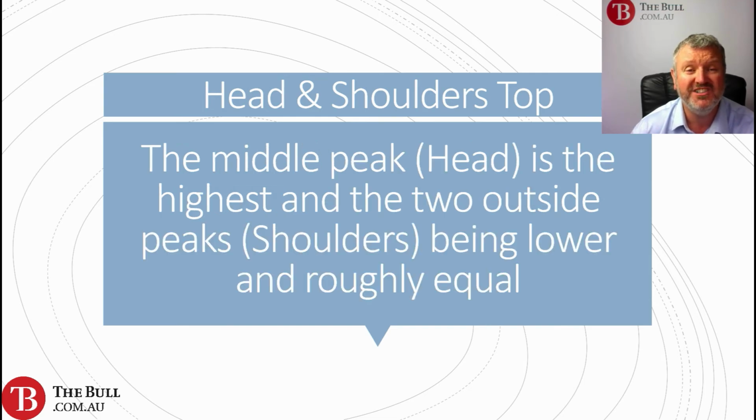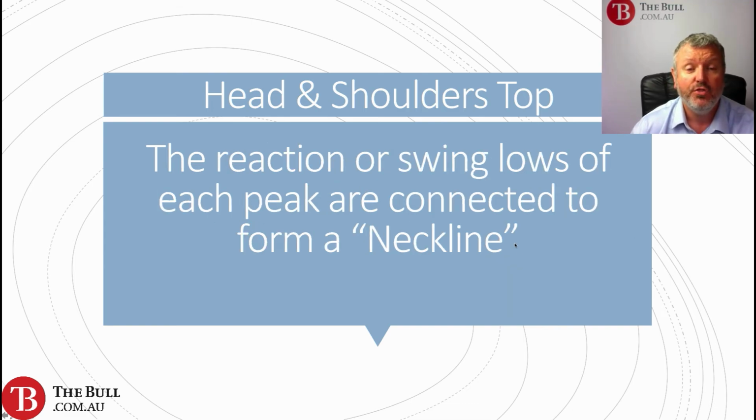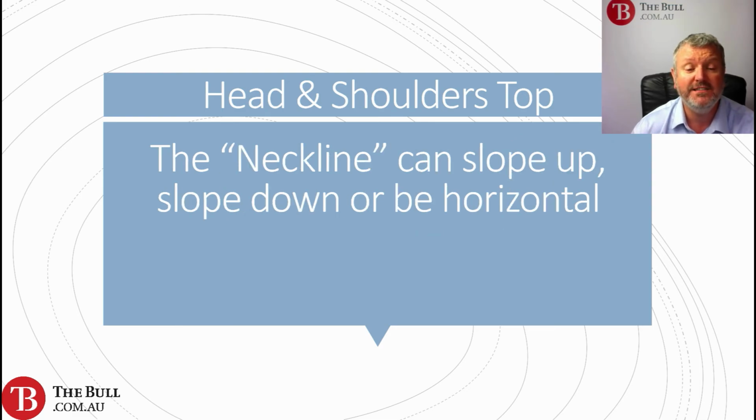The middle peak, which is the head, is higher than the two outside peaks, the shoulders, which are lower and roughly equal to each other. The reaction or swing lows of each peak are connected to form a neckline, and we'll see this shortly when we look at the chart and the infographic. The neckline can slope up, down, or be horizontal.